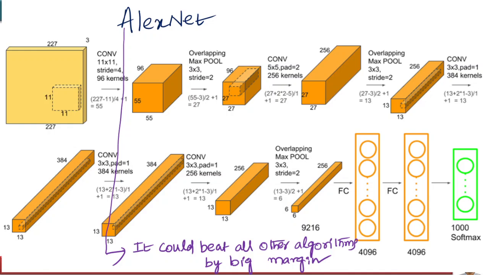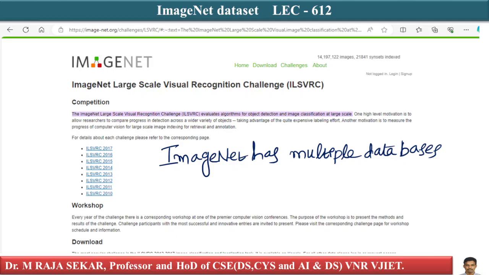Every major institution started taking deep learning seriously ever since 2012, because deep learning based algorithms started performing extremely well on one of the hardest problems. ImageNet has multiple databases. This is all the history of the ImageNet challenge.